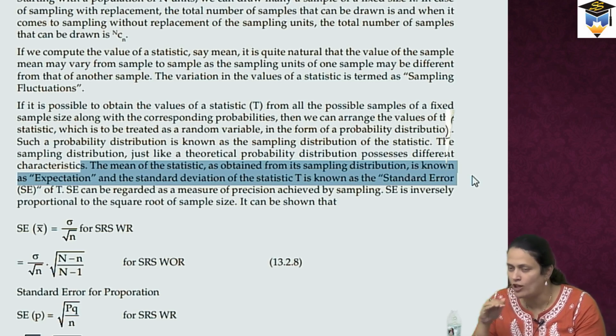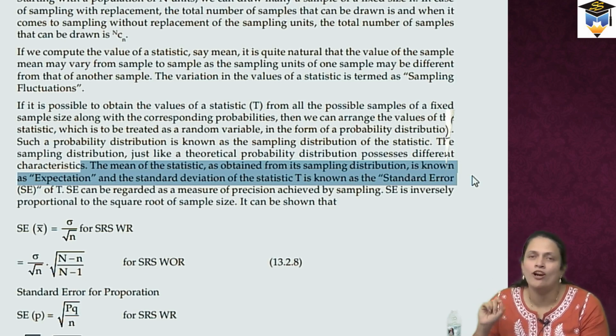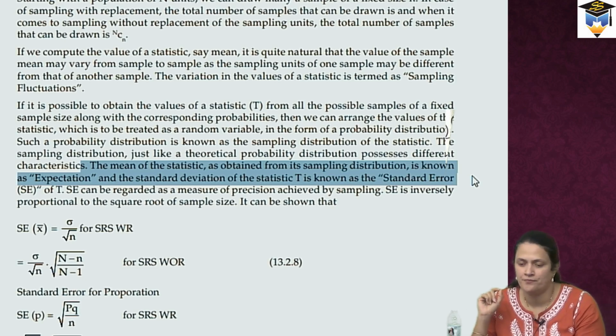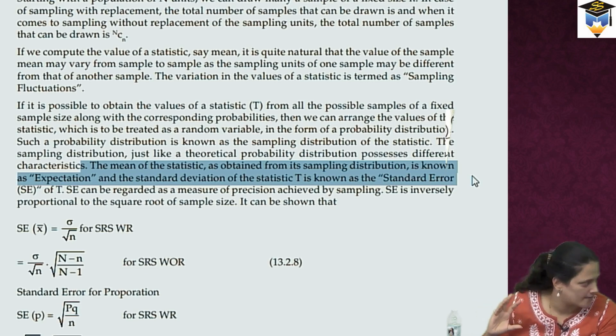I am going to explain all this with respect to an example, don't worry. Just write this down. The mean of a statistic as obtained from its sampling distribution is known as expectation, and the standard deviation of the statistic T is known as standard error. Standard error is inversely proportional to square root of sample size.